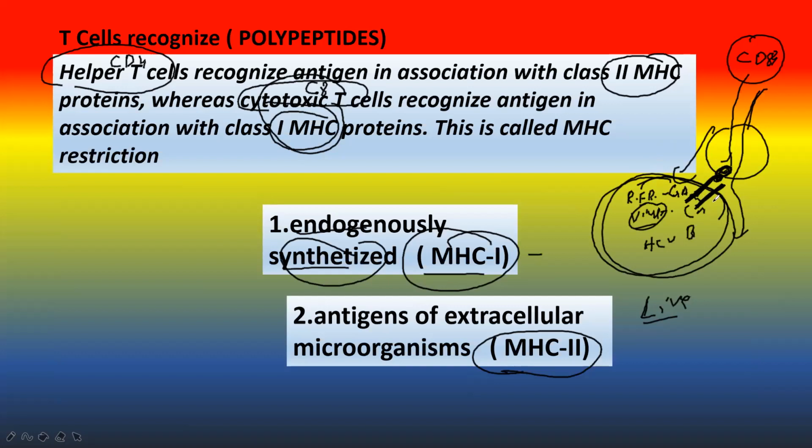For example, when the cell is in danger, if some thief enters your home and you are alone at home, how do you give a signal to the neighbor? Maybe you shout, maybe you give some signal for help. The same situation is like this.